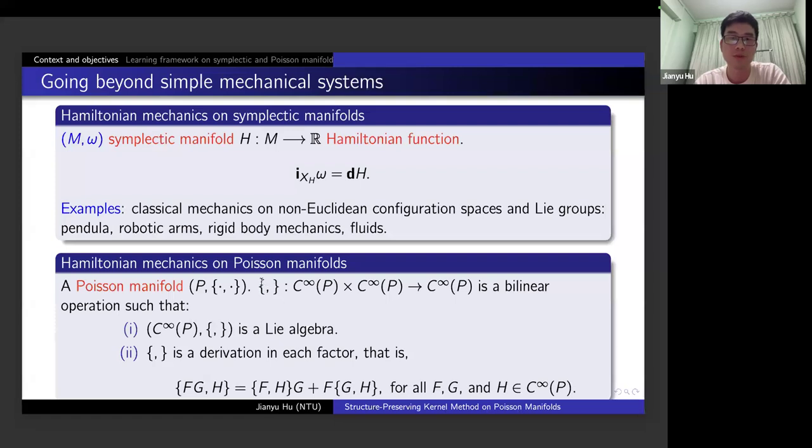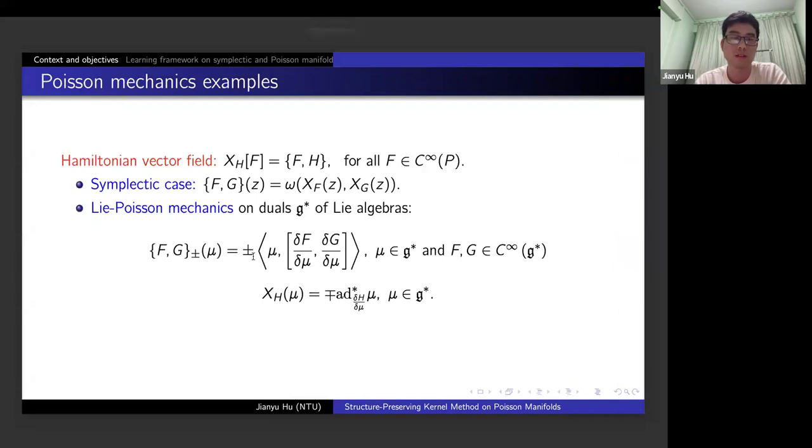In fact, Poisson systems are more general, as any symplectic form on a symplectic manifold can induce a Poisson bracket. Another important example of a Poisson system is Poisson mechanics.